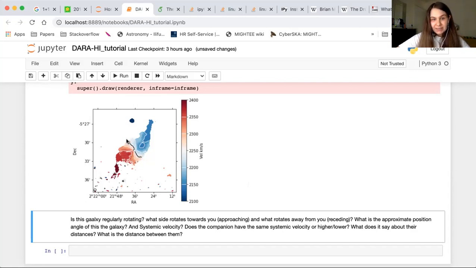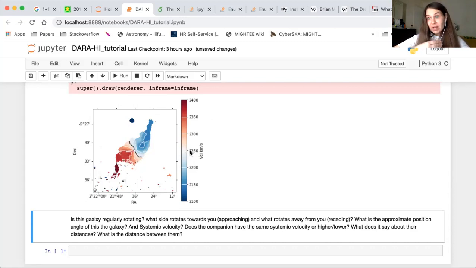With the black line here, I show the systemic velocity, which we already calculated from the global H1 profile. And here it will manifest itself just in the middle of your map. Then the blue one will be the side approaching, so the side of the galaxy which rotates towards you, and the red one is the side of the galaxy which rotates away from you. How do we know it? We know that this systemic velocity is about 2250.